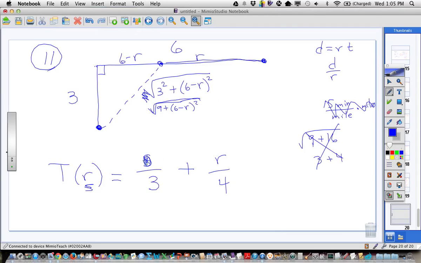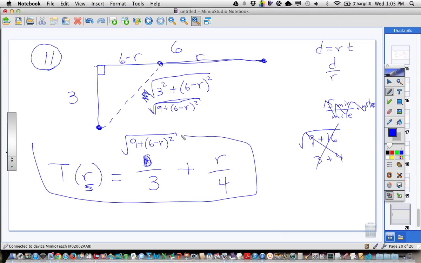So let's take the S off of here, and then we'll put square root of 9 plus 6 minus R quantity squared up there, and there we go. That has to be done before we can do the calculus. We will take that function and find where it is a minimum.